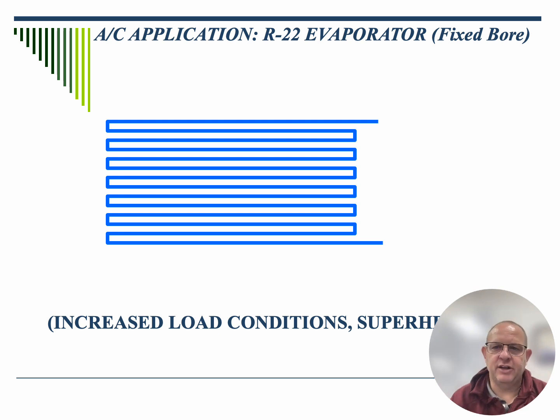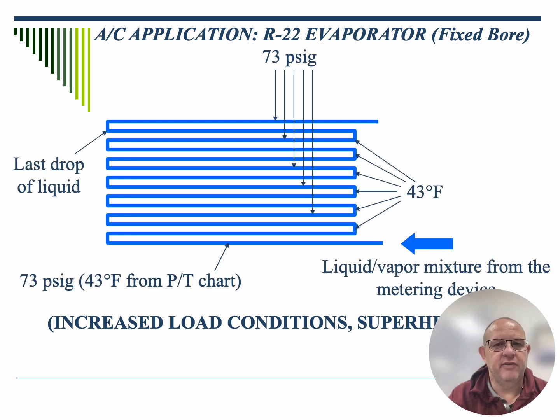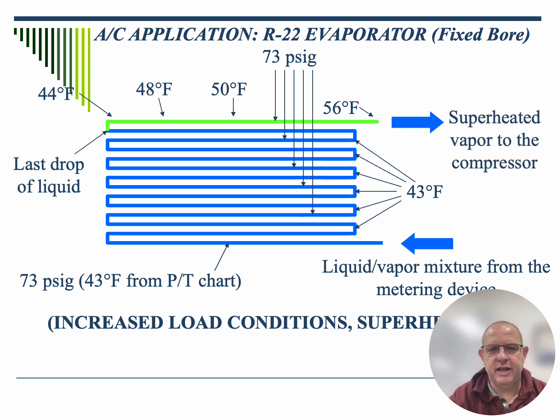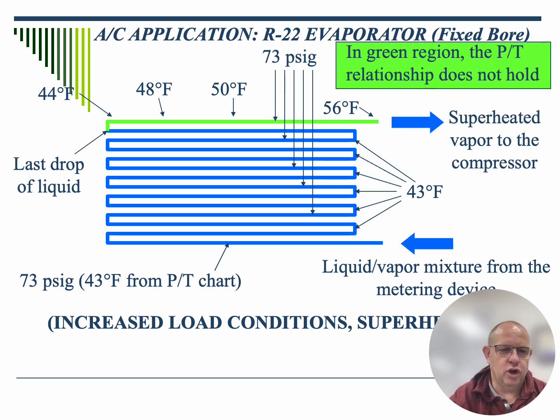Continuing on the application of the R22 evaporator here, what we're going to do at this point is increase the load on this evaporator. And what ends up happening when we increase the load on the evaporator is that the saturation temperature changes on the inside of the system itself.